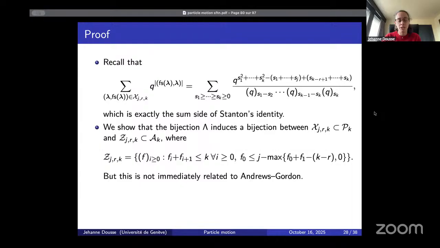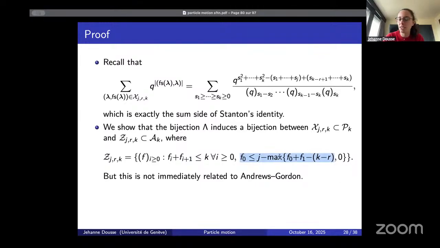So actually what we need to see is with what this set X_{j,r,k} is in bijection with the map lambda. It is in bijection with some set Z_{j,r,k}, which again contains the frequency conditions of Andrews-Gordon, and it contains some additional condition here about the number of appearances of the frequency 0 that are allowed.